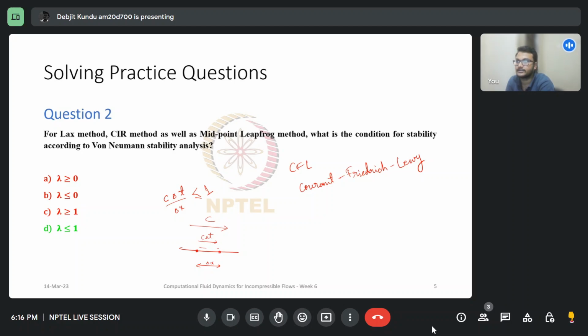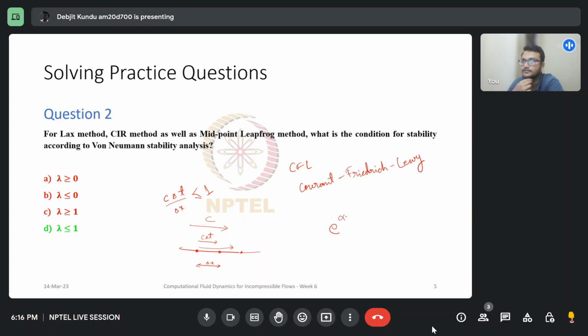Otherwise, if this is greater than delta x, then it would jump across more than one point in one time step. So resolution of that becomes an issue, and as a result, if there are errors, those errors tend to exponentially grow with time. That's what von Neumann stability analysis tells us, that there is an exponential growth of error.